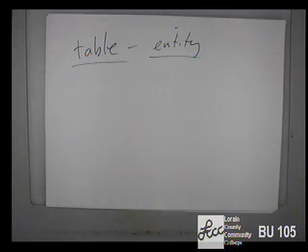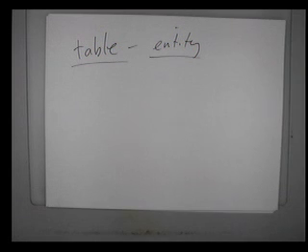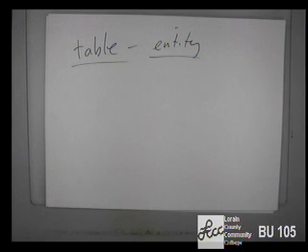All right? Usually you call it an entity when you're in design mode, and you call it a table when you're actually building the database. An entity is typically all the data about one thing in your system. Typically, entities are nouns. Persons, places, or things.